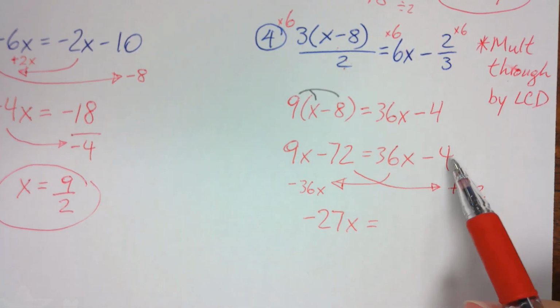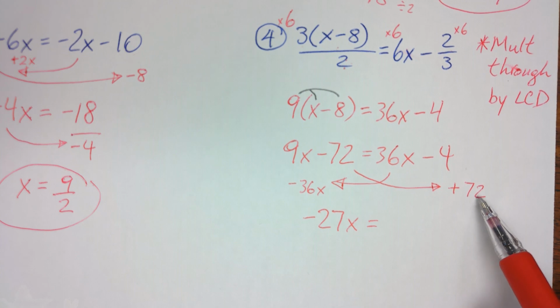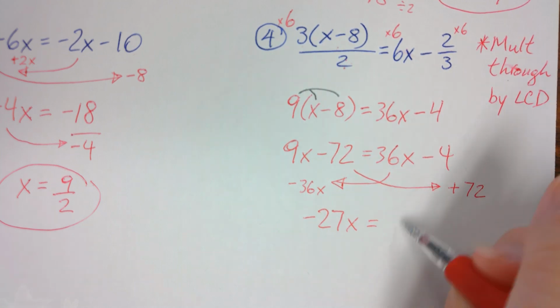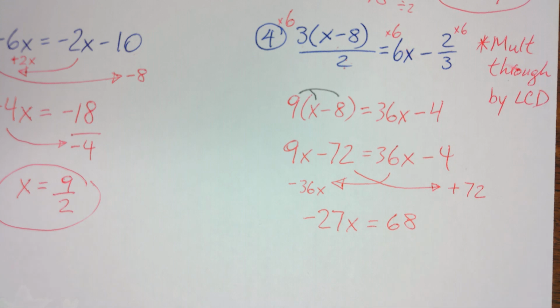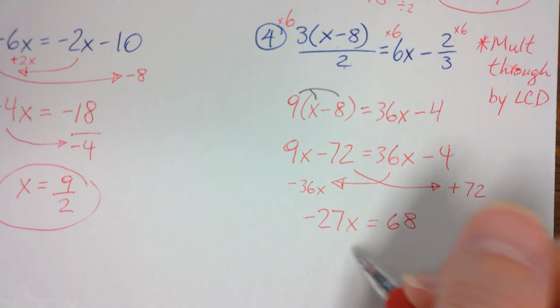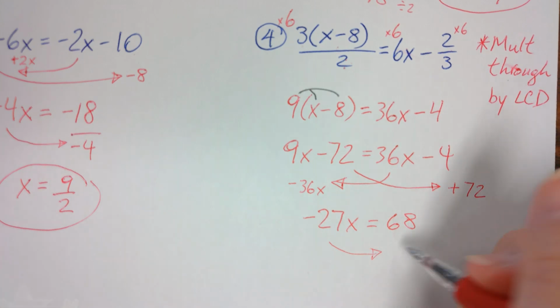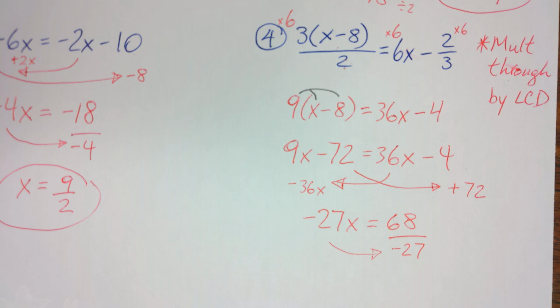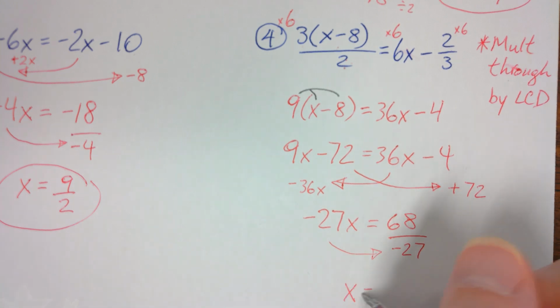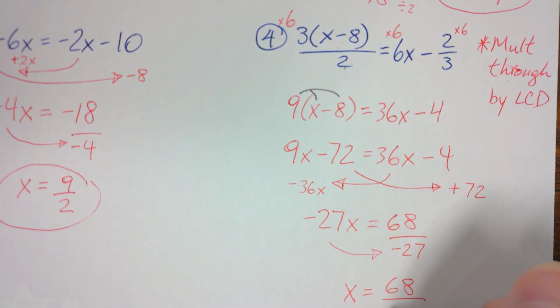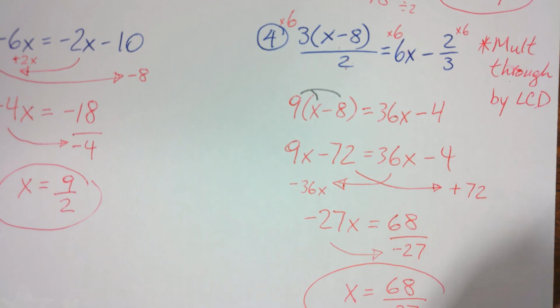Okay, and then negative 4 plus 72? 68. Right. Okay. Notice my last step is always divide. That's when you do algebra, that's the last step. Divided by negative 27. So x equals, final answer, 68 over negative 27.